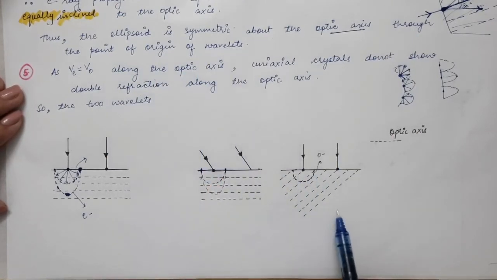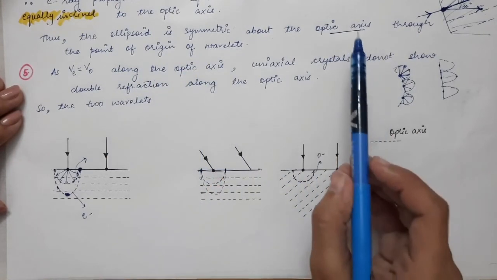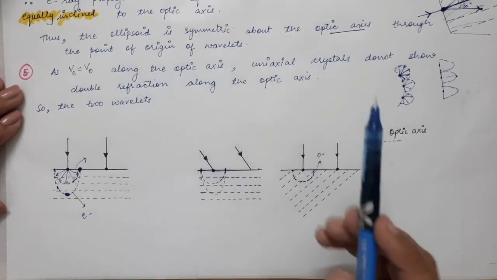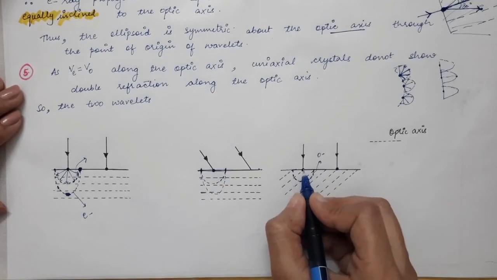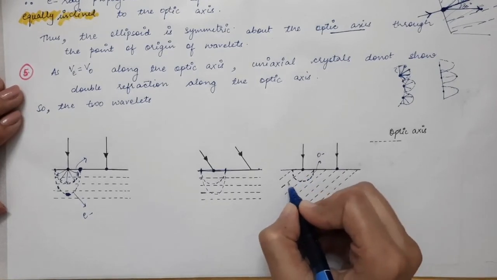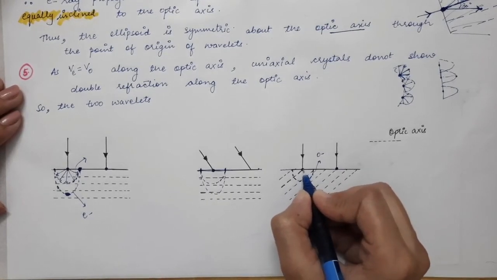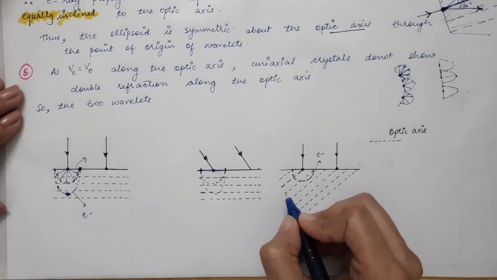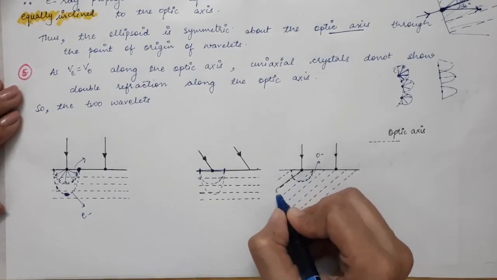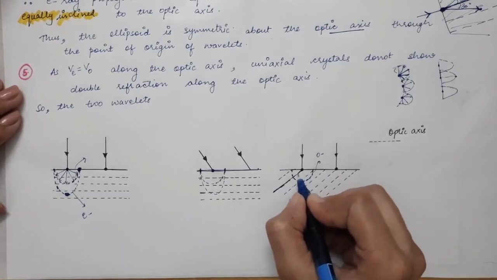From all these optic axes, we take only that optic axis which passes through the point of origin of wavelets. Over here, this is the point of origin of the wavelet, so the optic axis that we will take into account will be this one because this line is passing through the point of origin of the wavelets. So we have to draw the wavelets according to this line, considering this line as the optic axis.